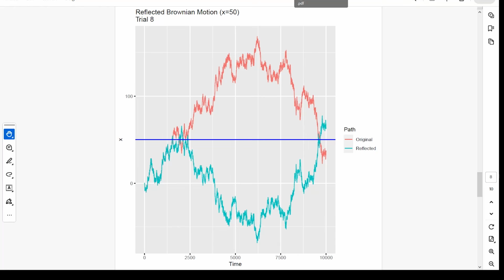So for both of these reflected paths, the maximum of the path exceeded x.